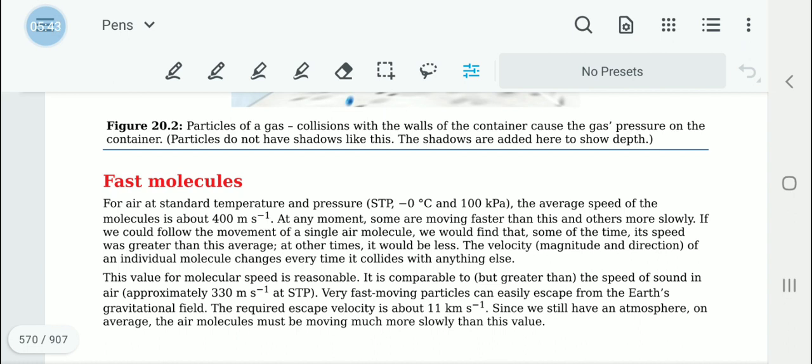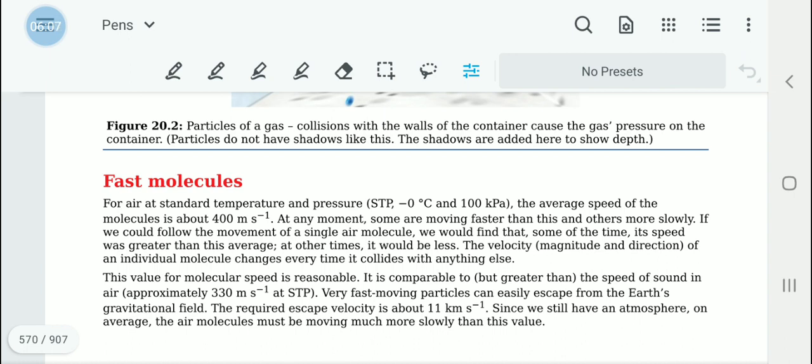At this temperature and pressure, the average speed of a molecule is about 400 meters per second. So that is quite large, right?